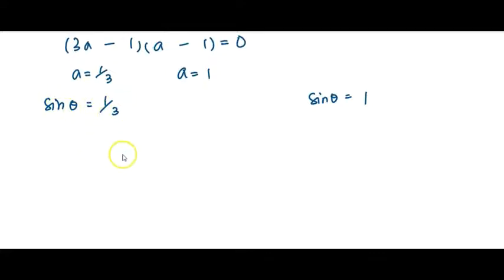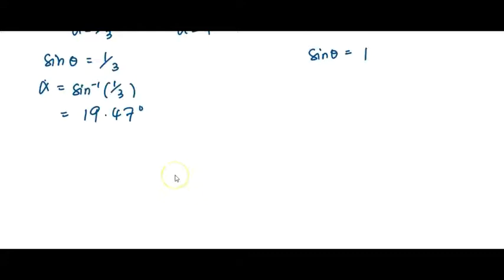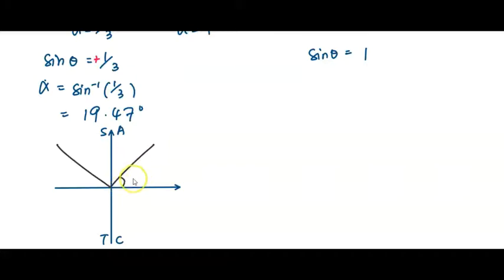For sine theta equals 1 over 3, I'm going to apply the similar concept, that is finding the basic angle, which I obtain by finding the arc sine of 1 over 3. With the help of a calculator, I got my basic angle as 19.47. Now we need to sketch a diagram to locate our angle. With sine theta having a positive sign, our angle falls in the first and second quadrants. Label your basic angle next to the x-axis, 19.47 in these two quadrants.